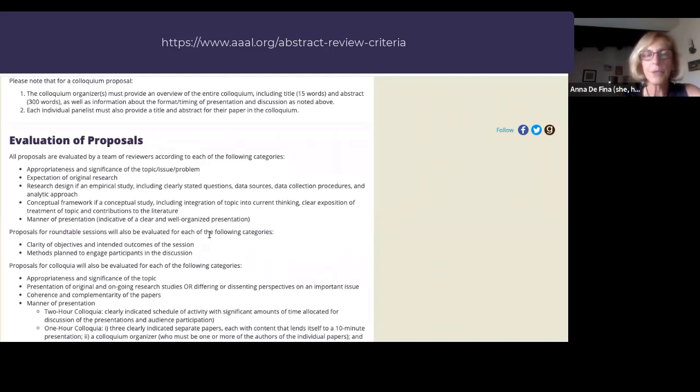And to prepare, what can you do? I think there's not a lot you can do to prepare, but you can definitely go to the website and do exactly what I did here, which is look at the criteria that the organization puts forth and think about them, and try to understand them.